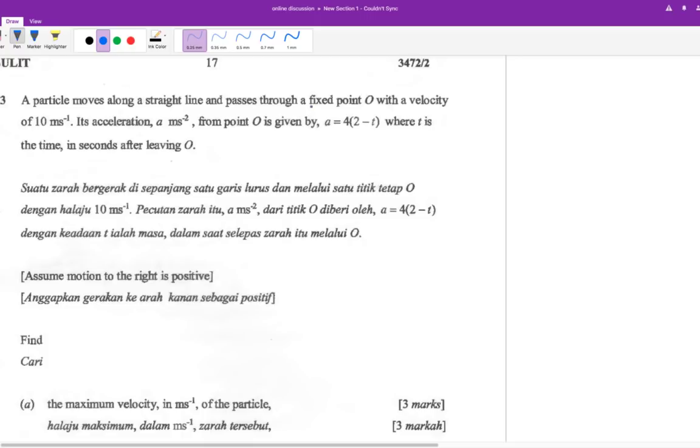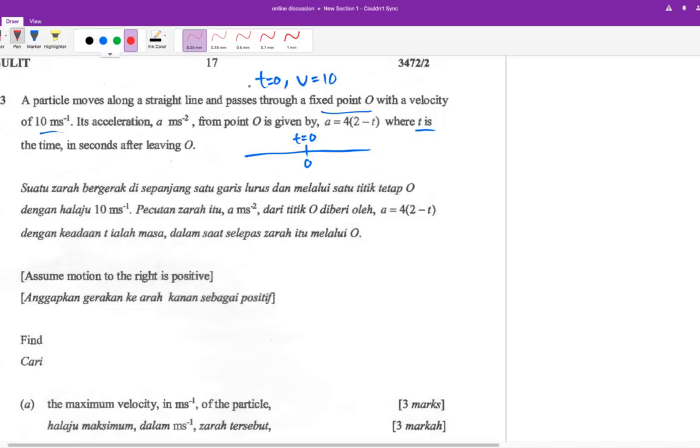When it passes through the fixed point O, that means at O itself, t is equal to 0, because t is the time after leaving O. At the origin itself, t is still 0. After you leave O, then you start to calculate t in seconds. So the first sentence is telling you that when t equals 0, v equals 10.